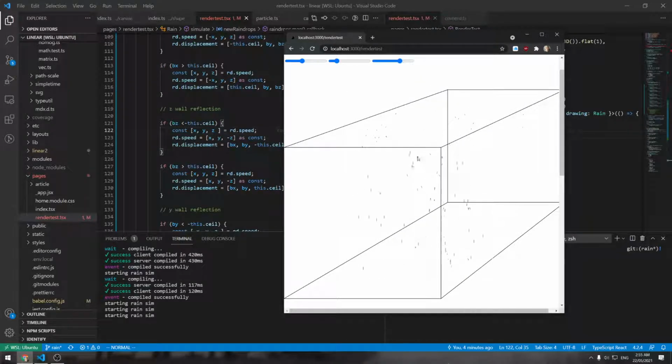Each of these drops is running at 144 FPS right now. One of the reasons that I can render so many without dropping any frames, without using a GPU or anything like that, is because I'm not handling any of this on a tick by tick basis. Every time, I request a frame from the browser using the frame request API.